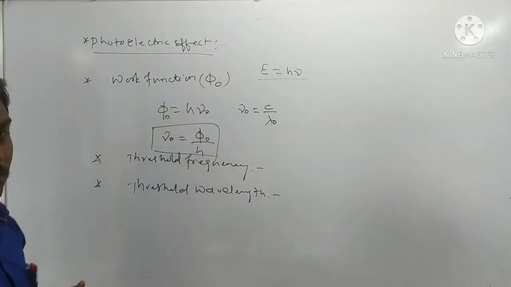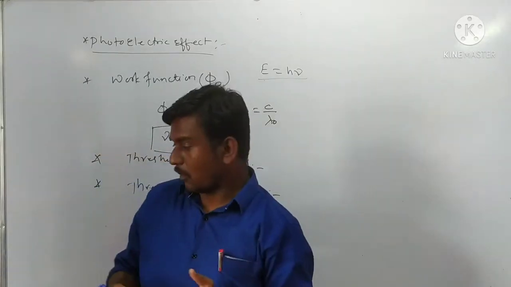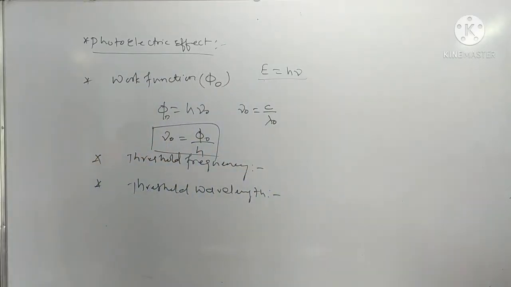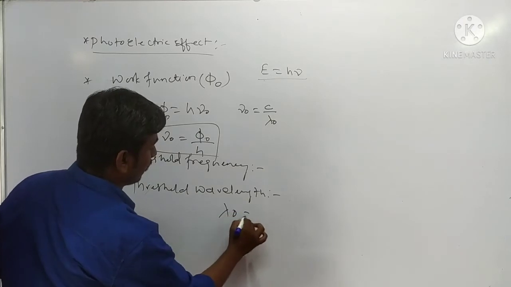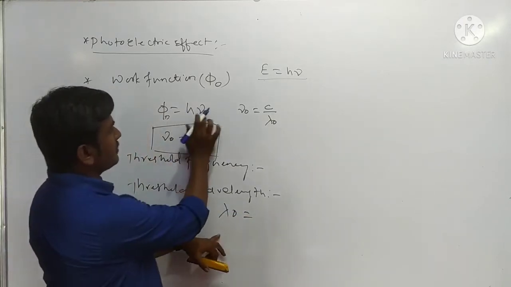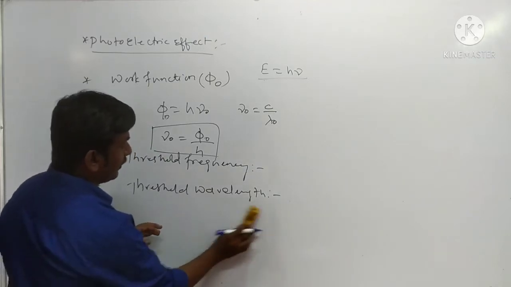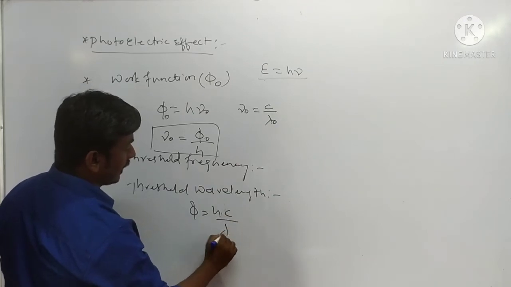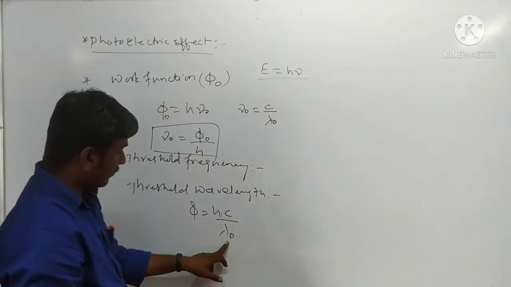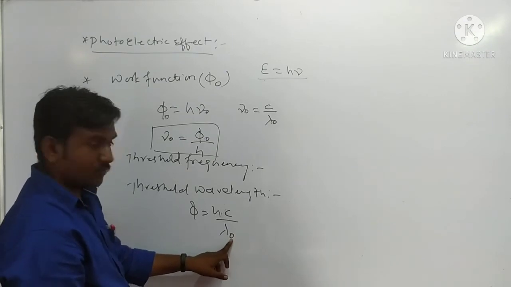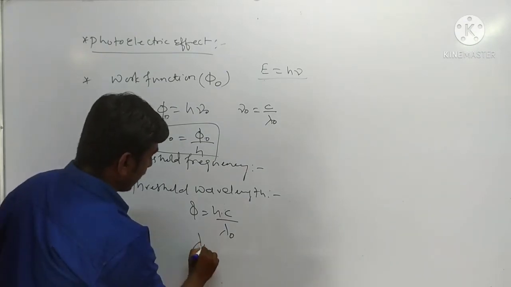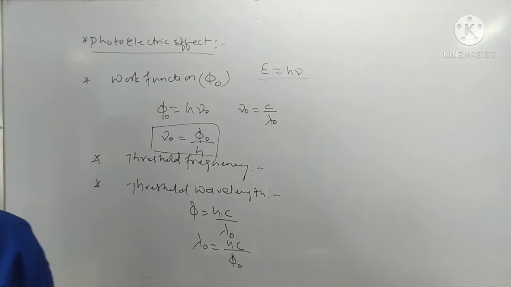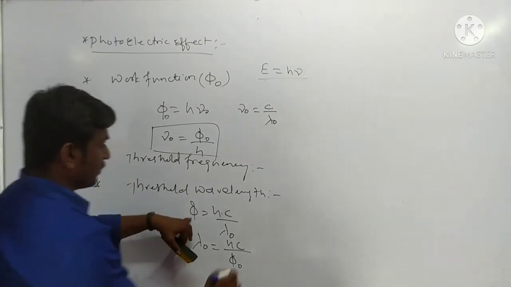We will discuss some problems on this. Those are important for 2 marks. For the threshold wavelength, we write phi naught equals hc divided by lambda naught. If I want to find the threshold wavelength, lambda naught equals hc divided by phi naught.